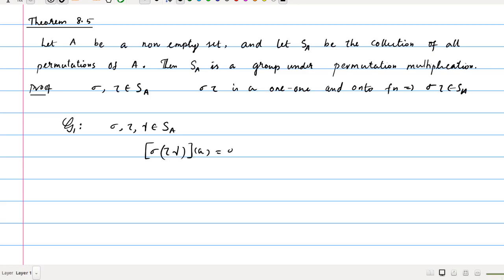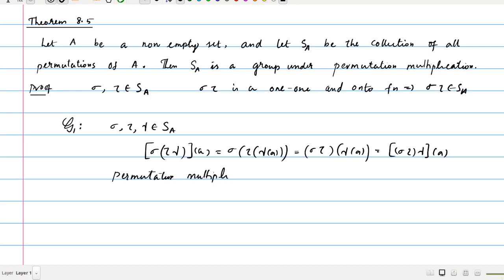This will be sigma of tau of gamma of a, that is same as sigma tau of gamma of a, that is equal to sigma tau gamma of a. Which shows that G1 is satisfied, that is, permutation multiplication is associative.